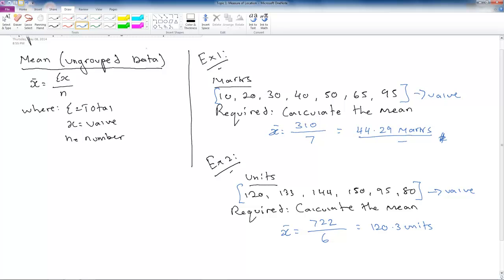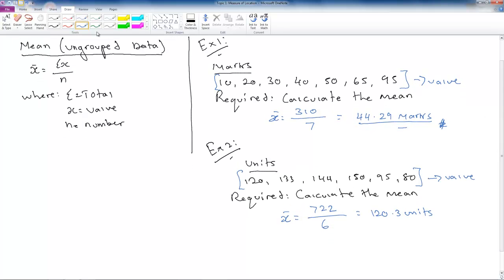units. Now over here, guys, listen carefully. This is units. It's not a value or marks or whatever. Now if it is a unit, first of all, you cannot leave it as a decimal point. If you leave it as a decimal, this is the answer, it means you are wrong. You cannot leave it as a decimal point.